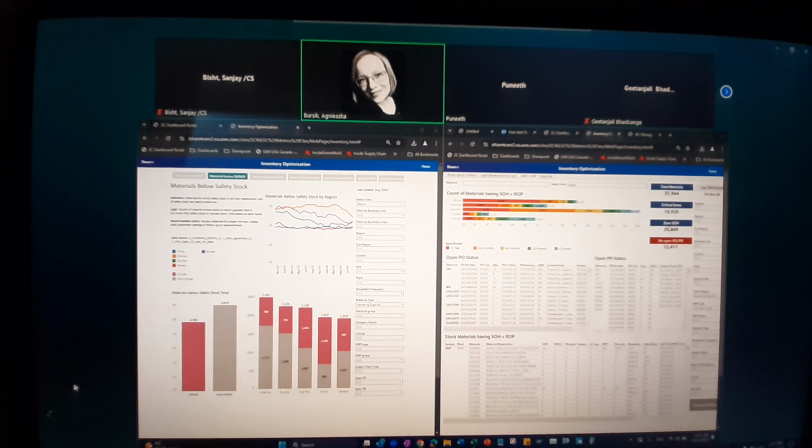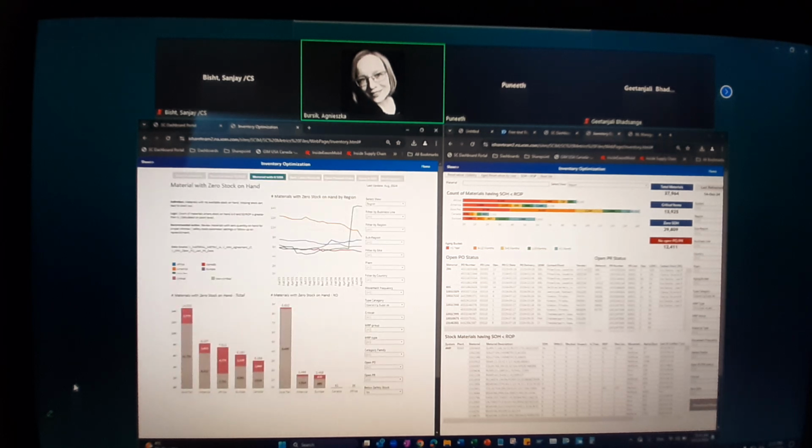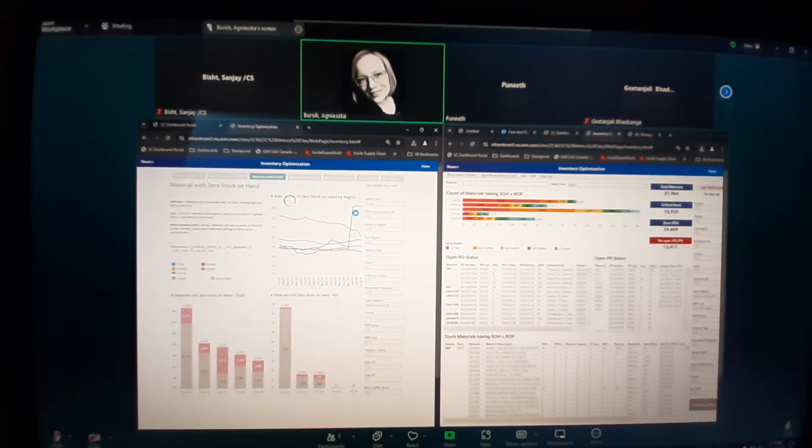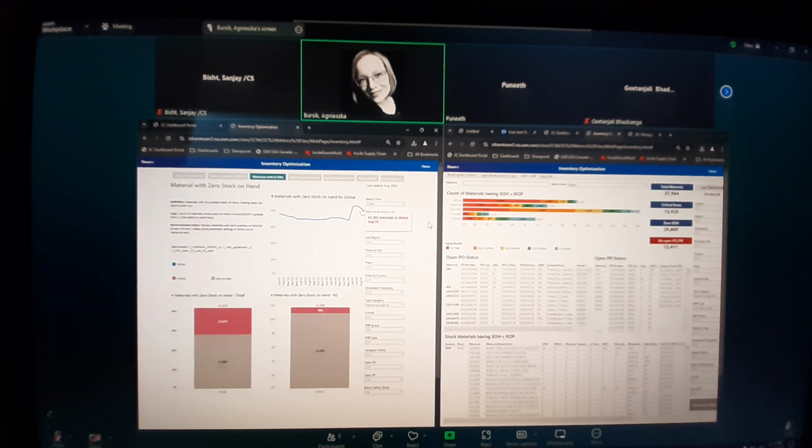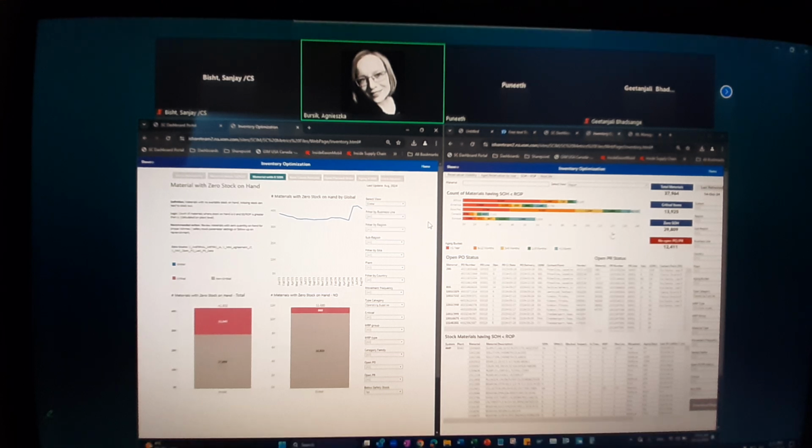Basically, here it also says 0 stock on hand. So this is 0 stock on hand. Materials with 0 stock on hand, we show 41,000 globally, and they say it's 30,000 here.